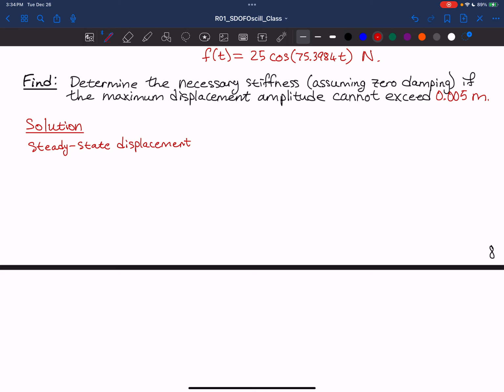So the steady state displacement cannot exceed 0.005 meters. And then they want us to find the minimum stiffness needed for this to be true, or for it to be less than or equal to this.